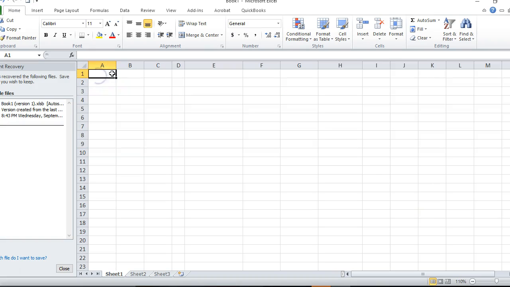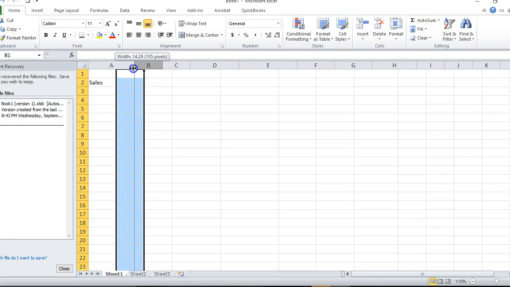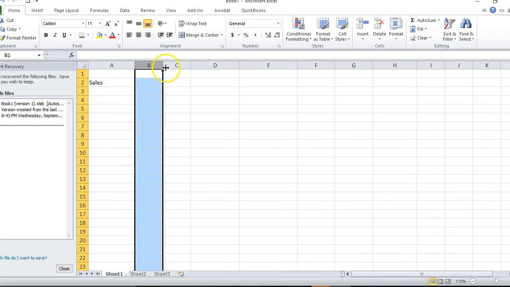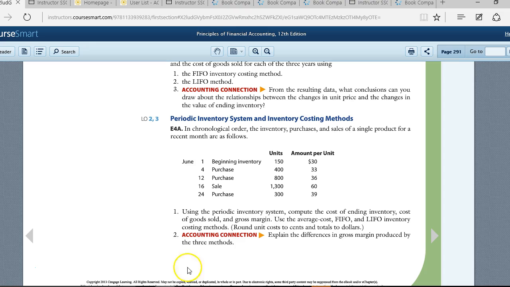We're going to start with sales. If you look at the book, we had a sale on June 16th of 1,300 units, didn't we? And we can tell we sold it for 60 bucks, right?